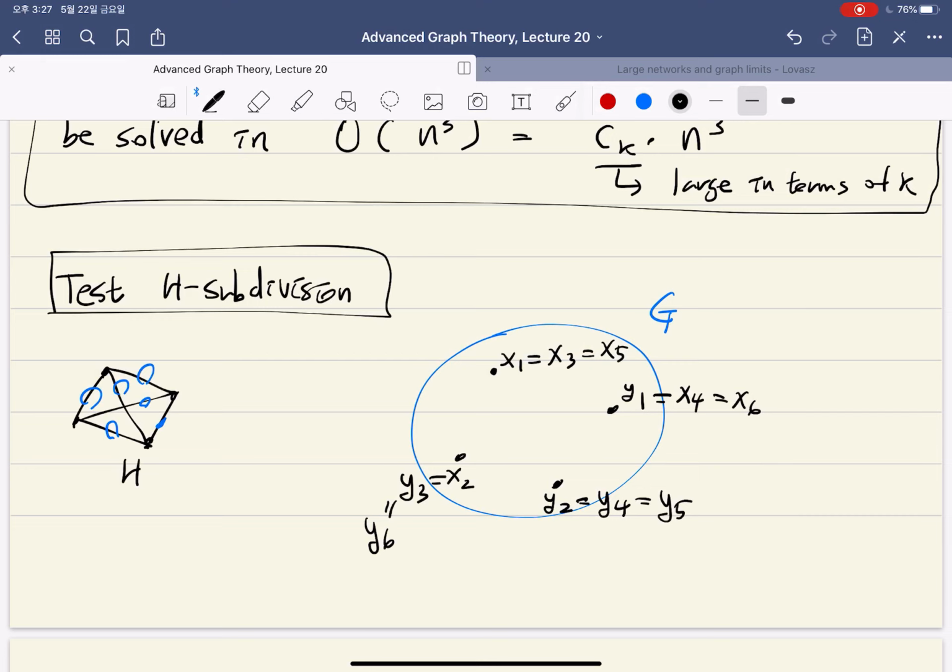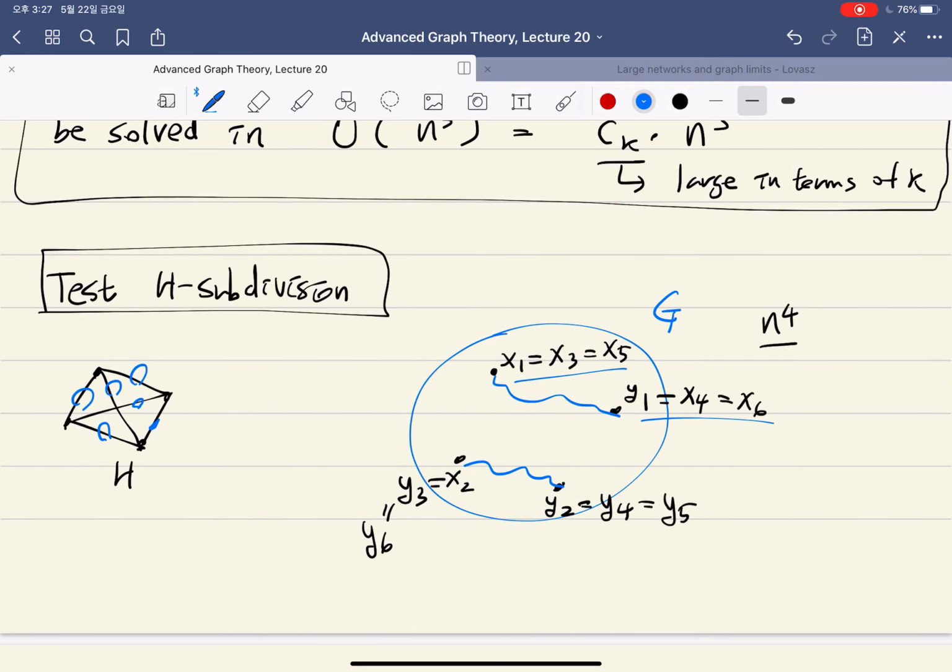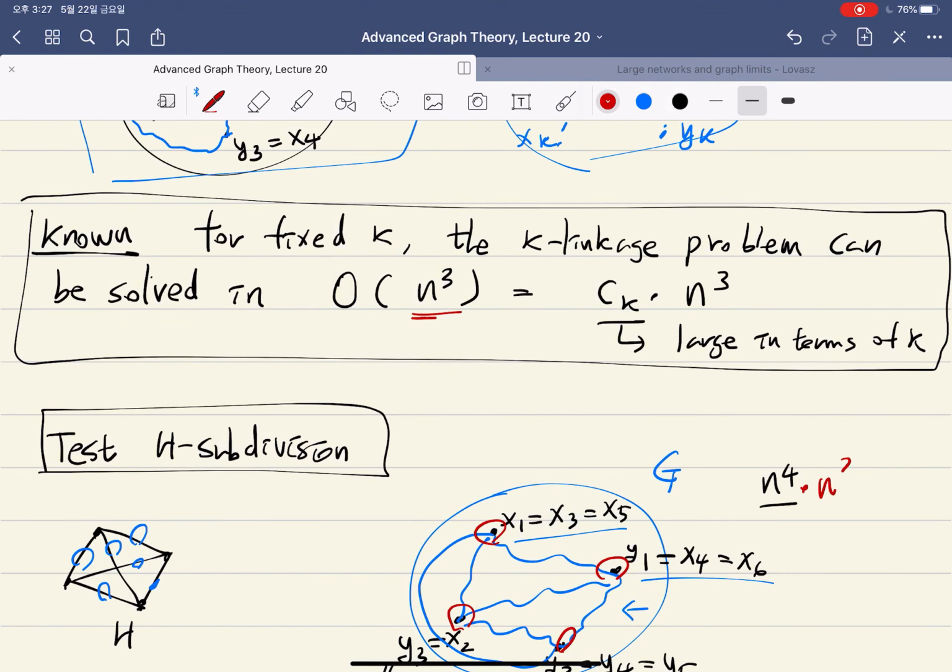So you pick 4 vertices, and there are n to the 4 ways of doing this. And then once you fix that, you give these names, and then check whether there are internally disjoint paths connecting x1, y1, x2, y2, x3, y3, x4, y4, and x5, y5, x6, y6. So this is actually checking a subdivision whose branch vertices are these 4, which can be done in n to the 3 time.